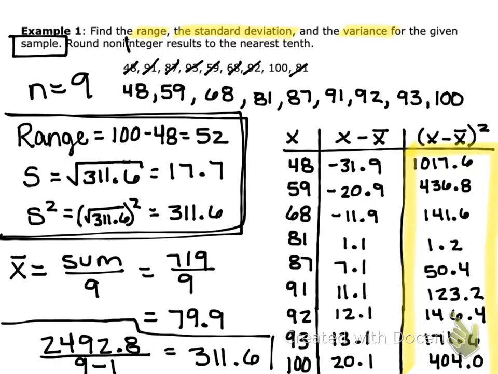Now, if you have one of the giant calculators, who has one of those? Jade, you do. Okay. If you wanted to check your work, you can on one of these large calculators. There's a button called Stat. When you hit Stat, you have 3 tabs at the top: Edit, Calc, and Tests.